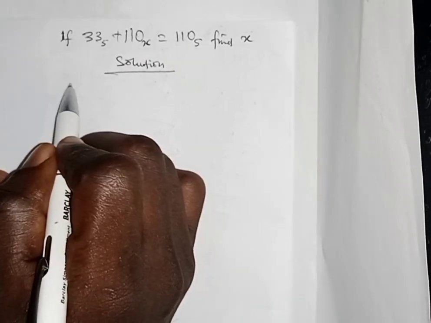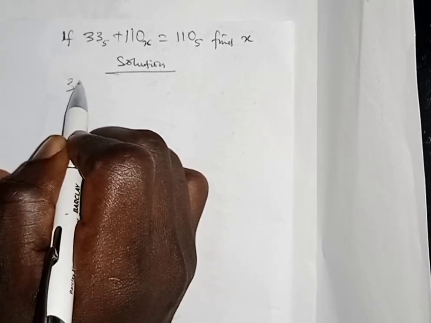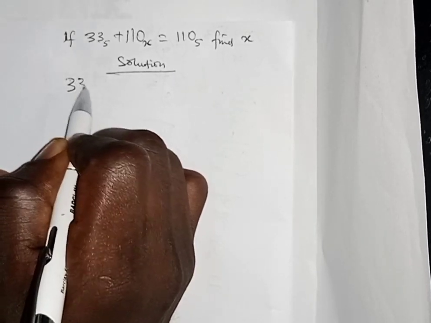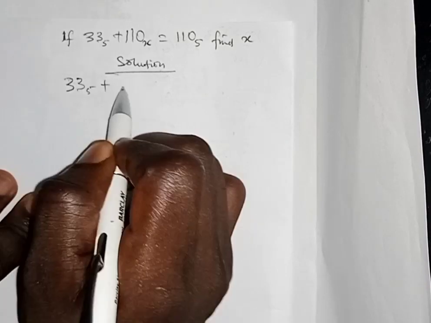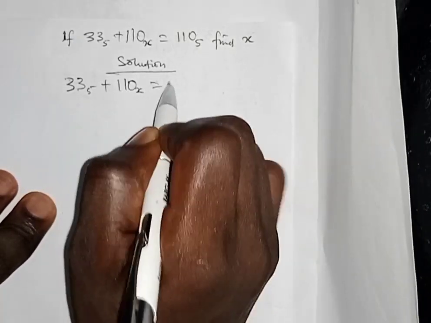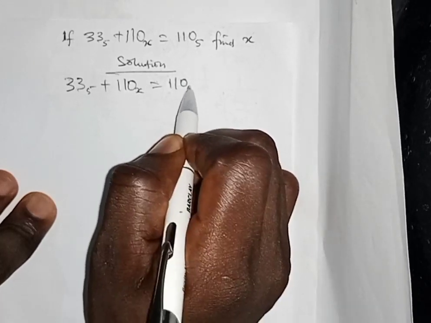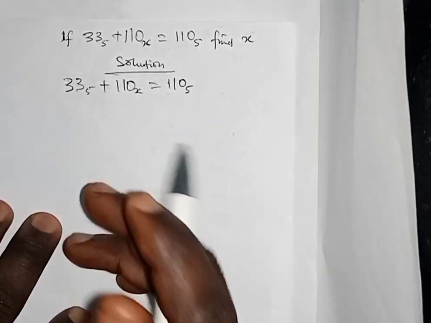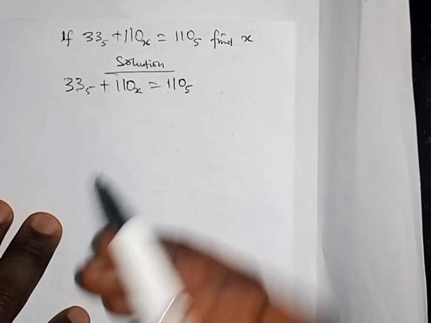Okay, so let me just rewrite my question. 33 base 5 plus 110 base x is equal to 110 base 5. There are basically two ways you can solve this.